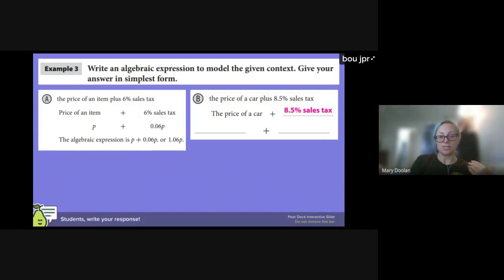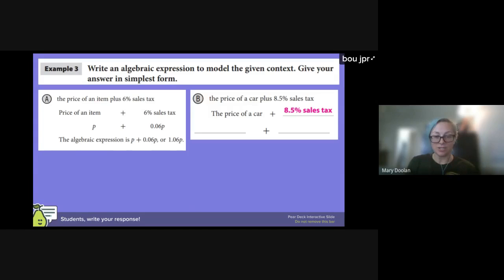And that's the number that you see there. 0.06 is 6 hundredths. So you can literally think of percent as per 100, and that'll help you convert it into a number that you can use in calculations. And so you just put that stuff all squished together. So the algebraic expression is P plus 6 hundredths times P. And those happen to be like terms because they both have the same variable P.